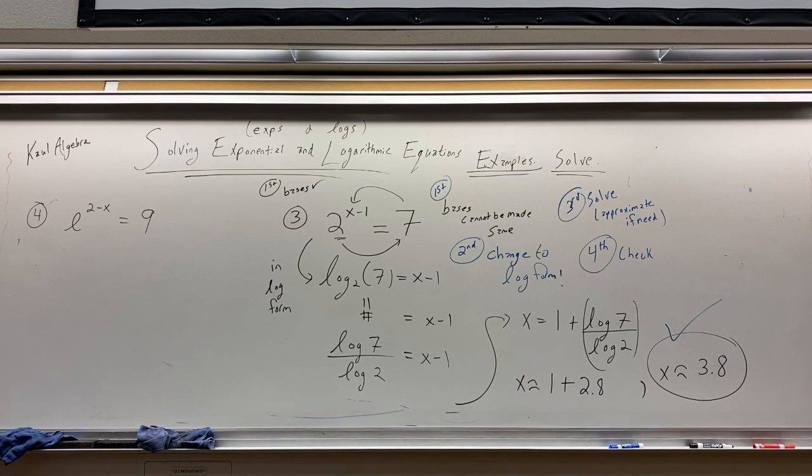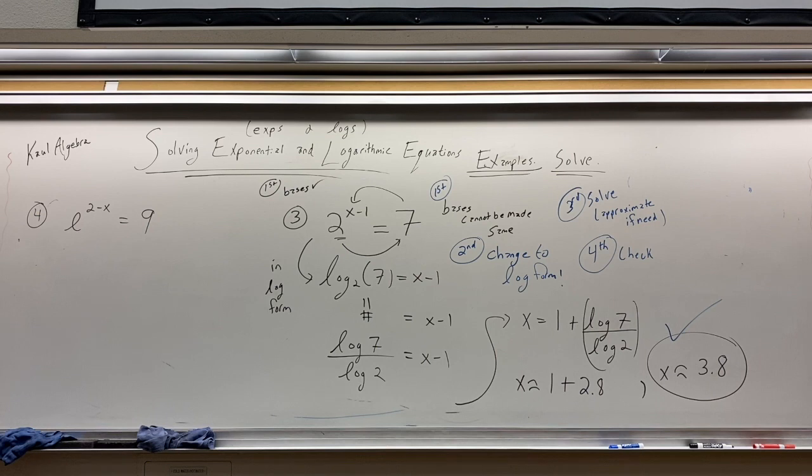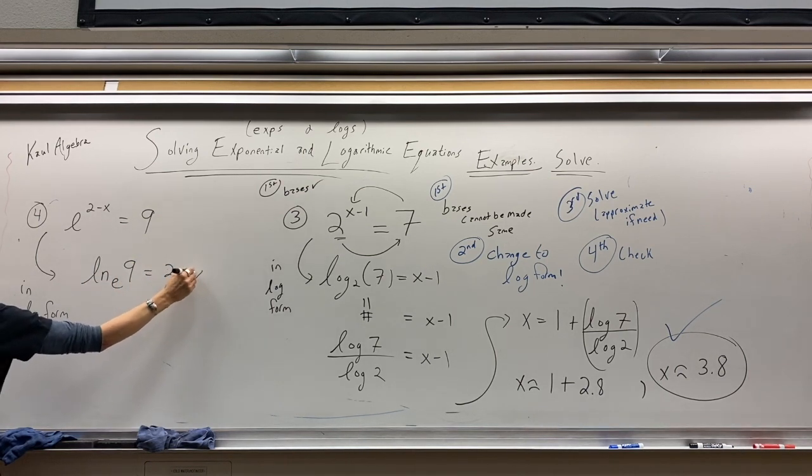Okay, so I noticed that I can't make the bases the same. There's no way I can express 9 in terms of e nicely. So I'm going to go ahead and rewrite it in log form. In this case, it's natural log form, in ln form. Since we have a base e, this becomes ln base e of 9 equals 2 minus x.